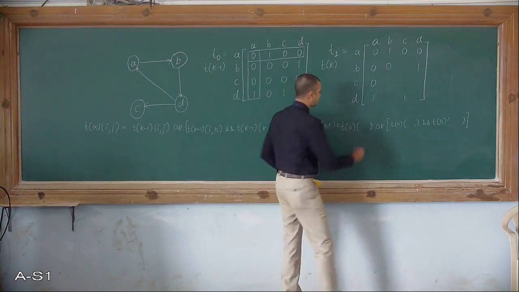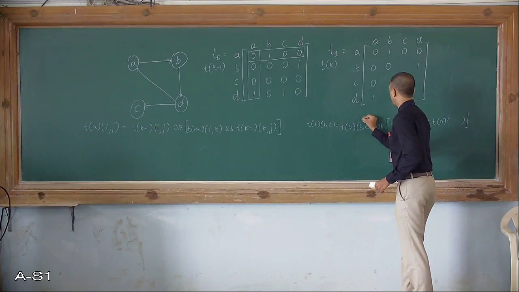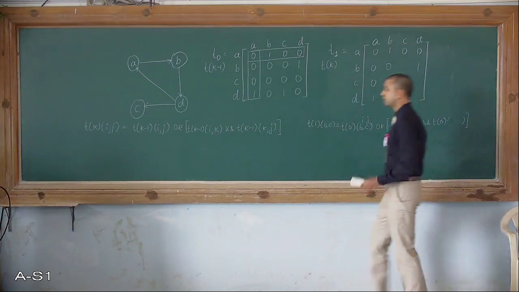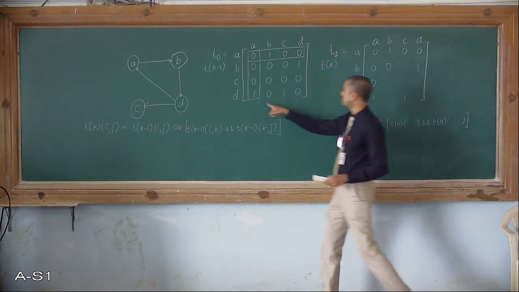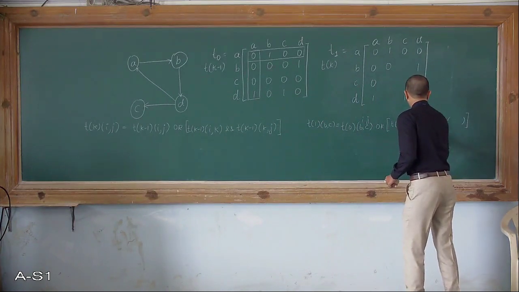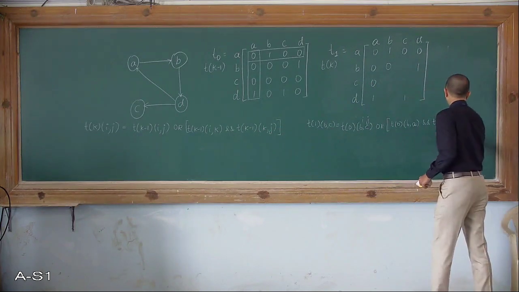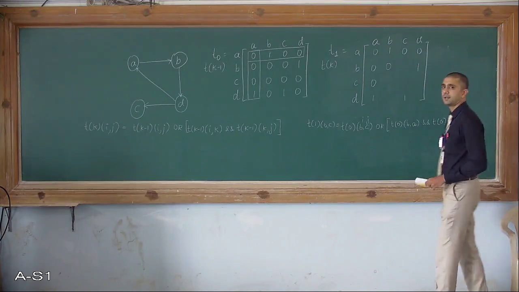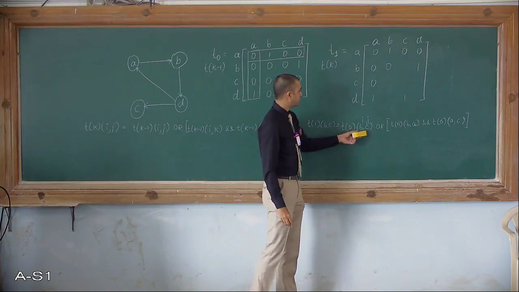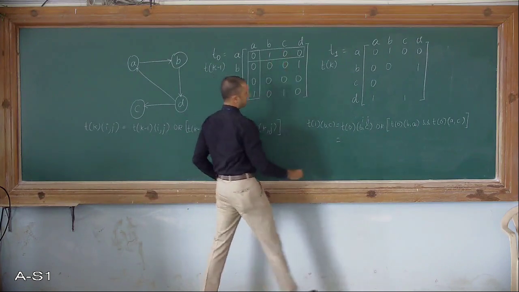So in T of 0, B to c, this is i and this is j. Next, i comma k. K is the intermediate vertex. In our case here, A is the intermediate vertex. So it is going to be B comma A. And next, kj. K is A and j is C. Now let's see what it comes to. In T0, let's see the value of B to C. What is B to C? 0.